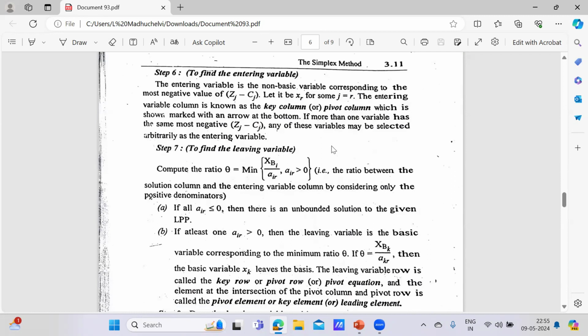If more than one variable has the same most negative Zj minus Cj, we can choose any one of them as the entering variable.